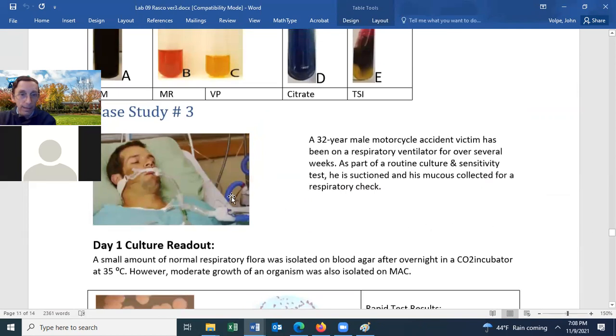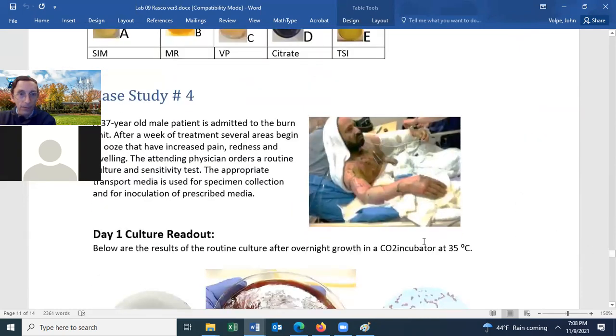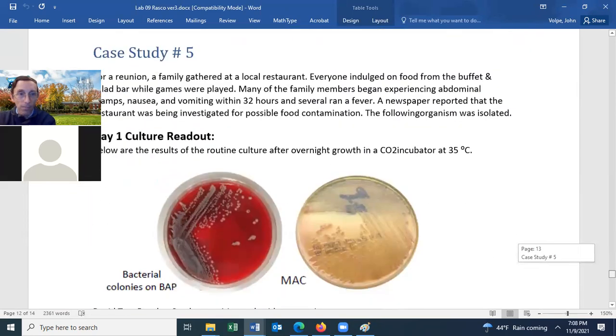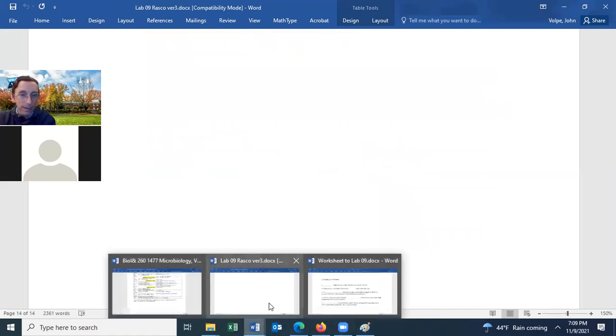Case study 3, an accident victim. Case study 4, a burn patient. Case study 5, everyone got sick from eating at a local restaurant, and there was a party at a restaurant. All right. Any questions about the lab module?